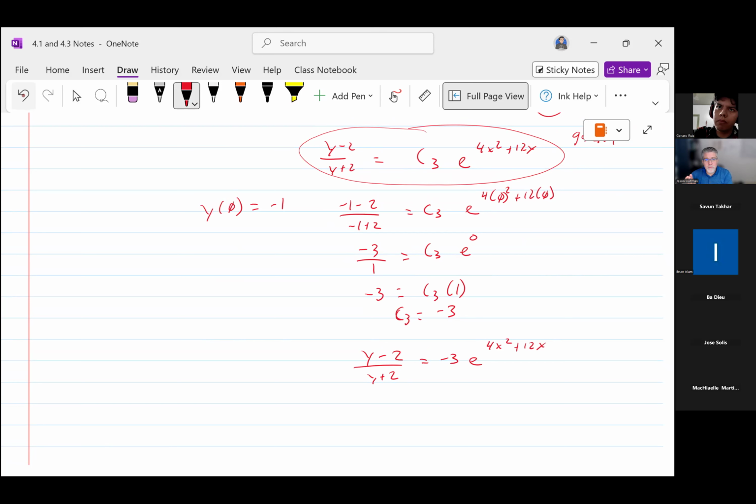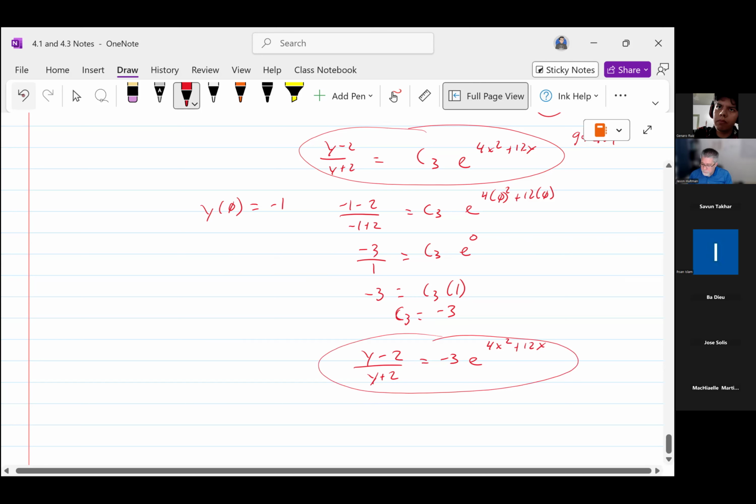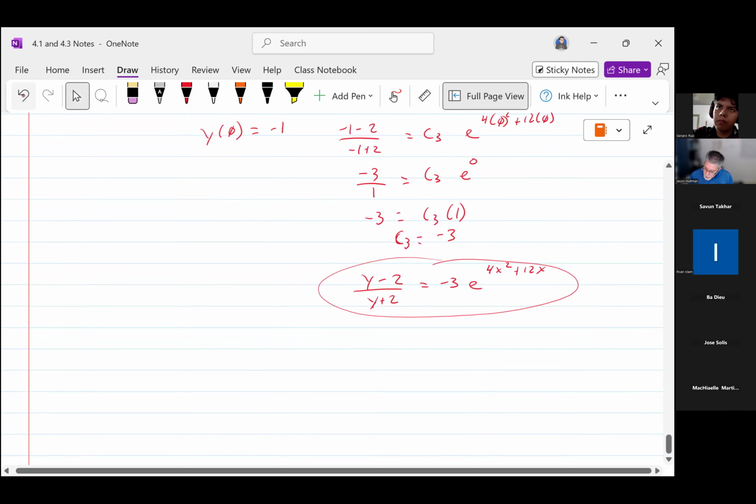We've gotten rid of the differentials. We have something just in terms of y at this point. So we could stop here if we really wanted to. If it bothers you that it's not in terms of y, you can put this in terms of y; we could just multiply both sides by y plus 2.